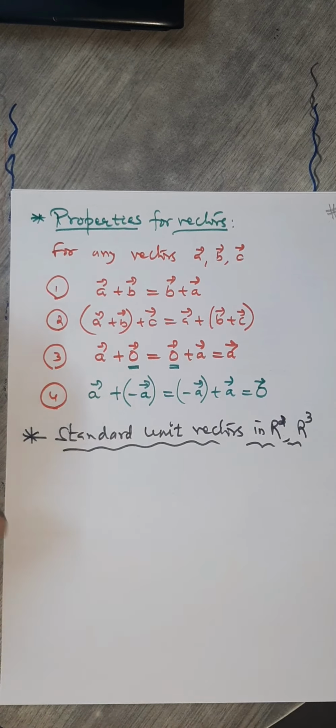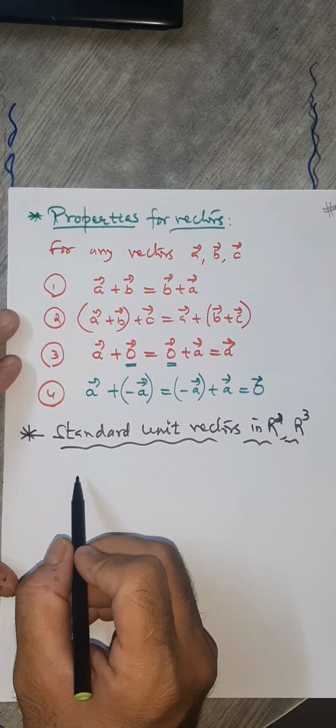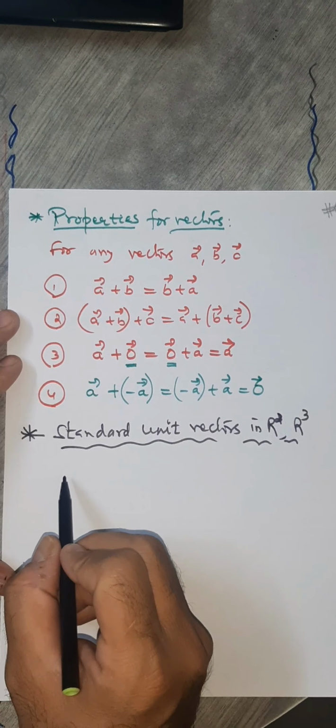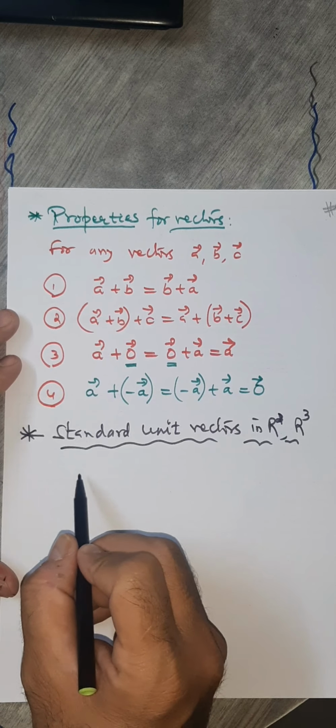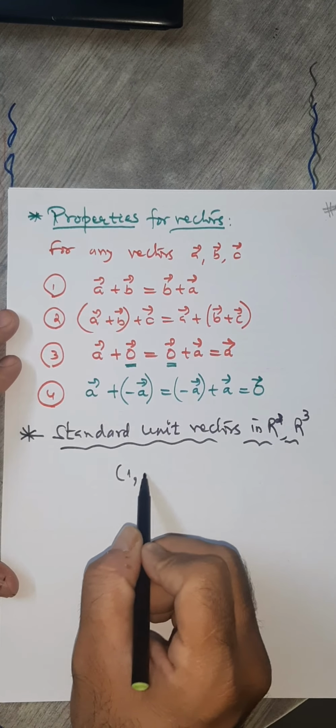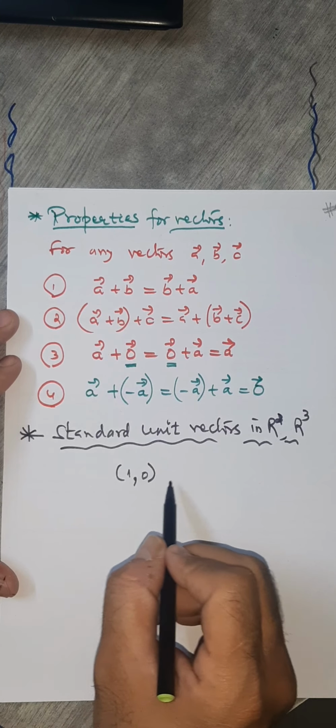Now next, I want to write the standard unit vectors in R2 and R3. Unit vector means magnitude equals to 1. If I consider here like (1, 0) in R2, then you can verify its magnitude.